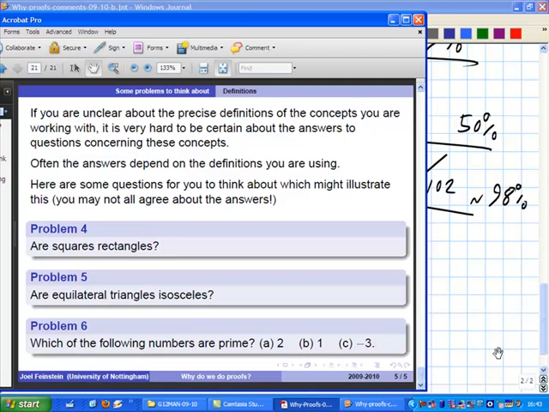A small number of people. And who believes that minus 3 is not a prime number? Yes, I know it sounds like I'm asking the same thing twice, but there is a reason why I've asked it those two different ways. And I'll explain that now. The answer is both yes and no, depending on which convention you work with and which definition you work with, even for mathematicians. So what's going on here?